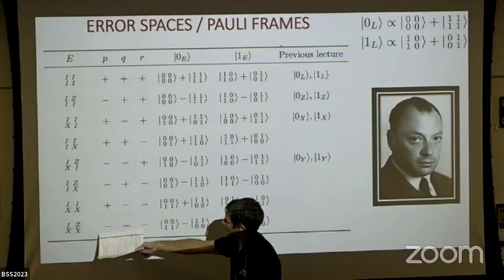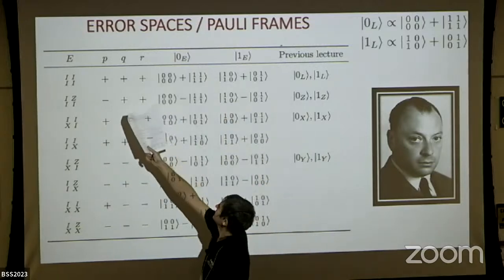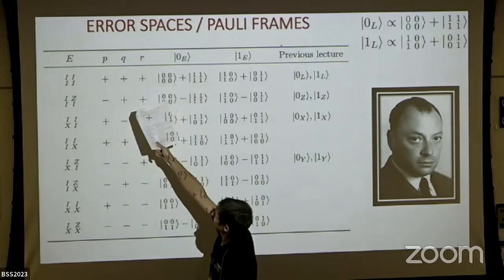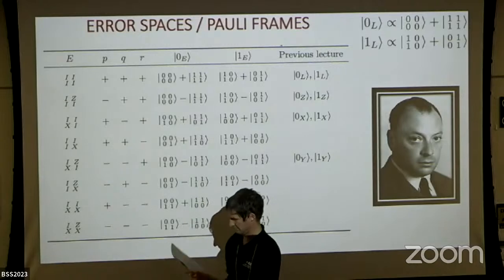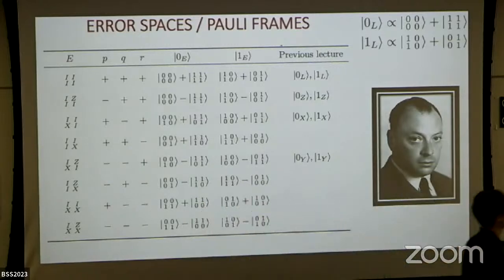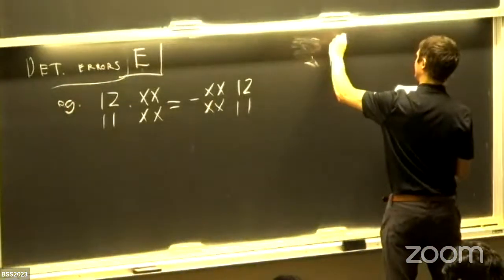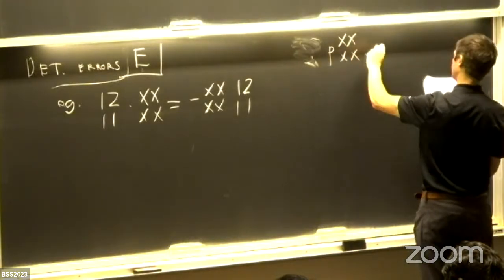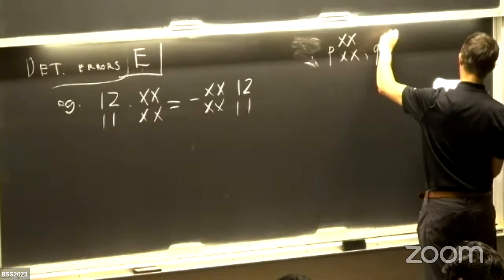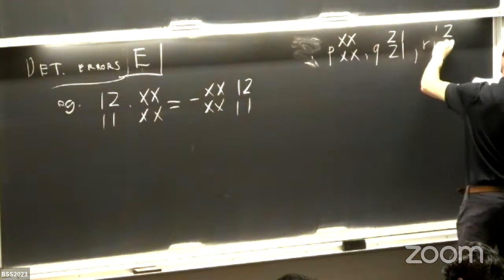But let's go through this more carefully. So we have some errors that take us to these error spaces. Here are the error spaces. P, Q, R are the eigenvalues of the stabilizer generators. So P is an eigenvalue of this one, Q is an eigenvalue of this one, and R is an eigenvalue of this one.